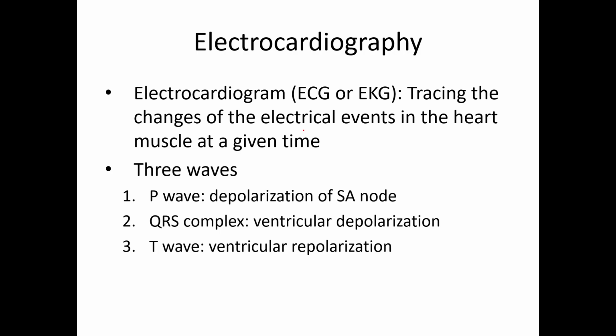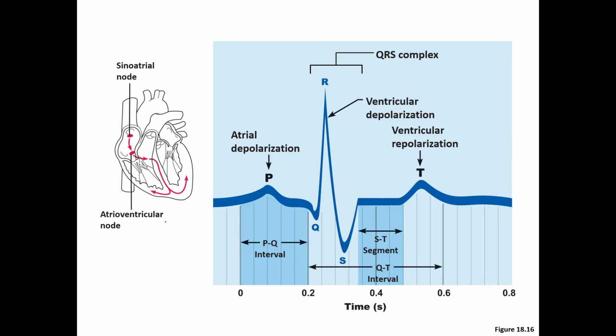Electrocardiography or EKG or ECG, I have explained 3 components of it and which one is for what. Now, when we see or read the EKG, we see 2 things. One is the interval, the duration of each component: how much time the P wave took, how much time the QRS wave took, what is the interval between P and QRS, how much time the T wave took, what is the interval between these.